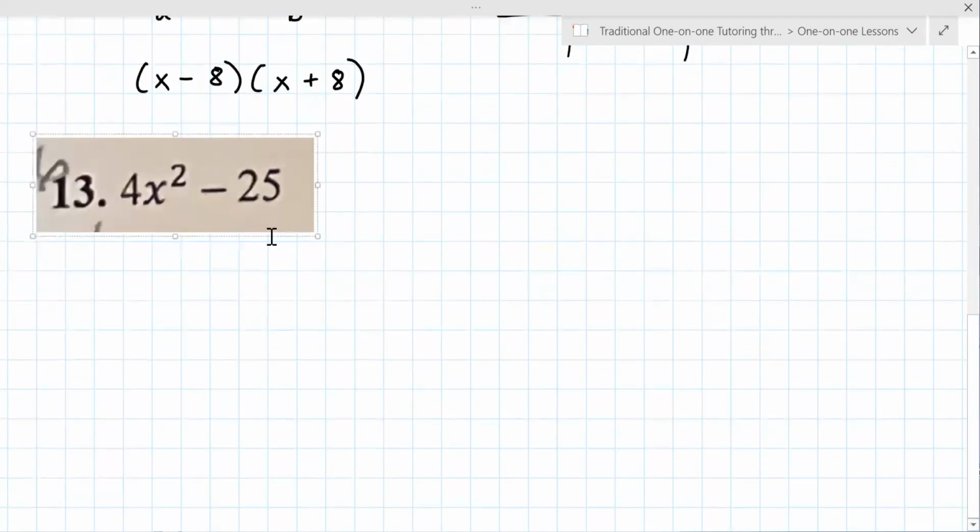All right, so 13, the game here is you have to figure out what's squared minus what's squared. You have to put something in each of these positions to get back to the previous line. So for example, what number when you square it is 25?